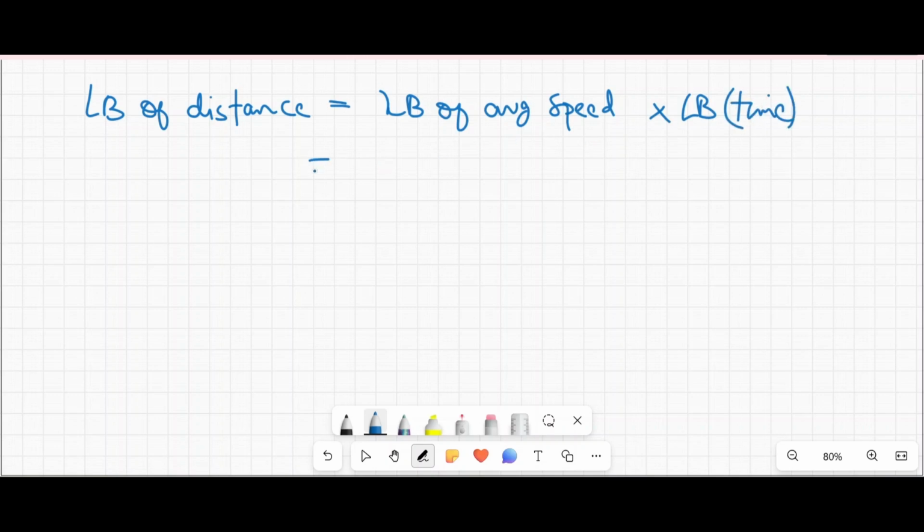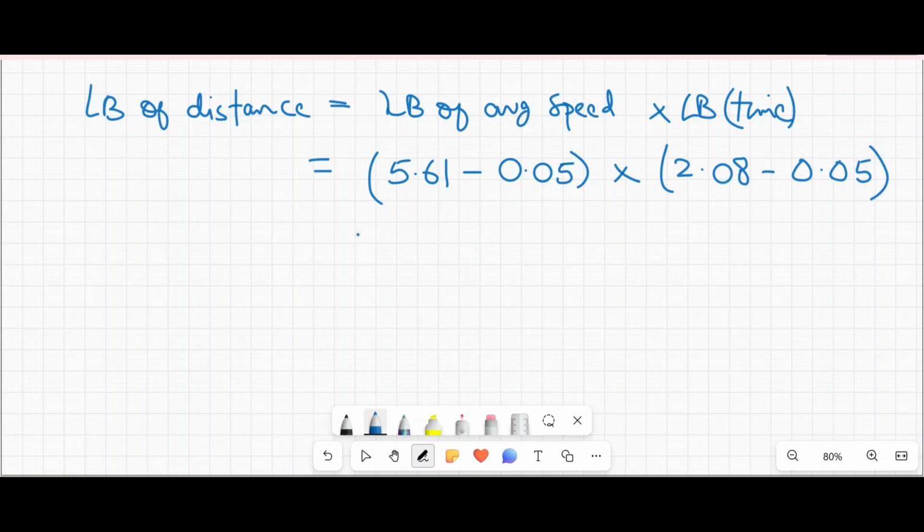For finding the lower bound of a speed here, you will just subtract 5.61 minus 0.05 into 2.08 subtract 0.05. So now we get the answer for this is 5.56, and into you will get 2.03.